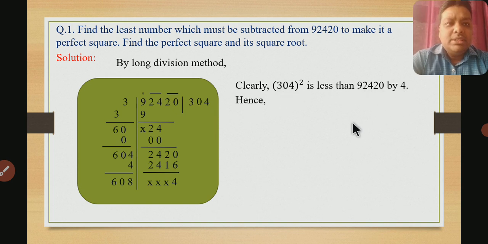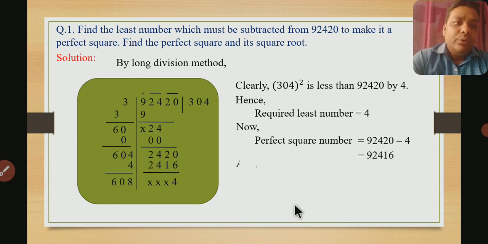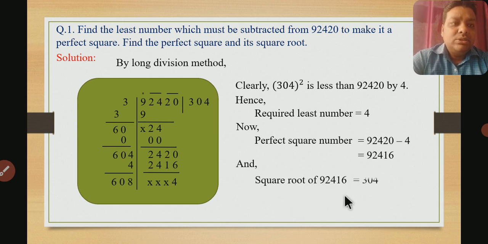So now we can say that the required least number will be 4. And we have to find the perfect square and its square root. The perfect square number will be 92420 minus 4, which is 92416, and that is the perfect square of 304. So we can say that the square root of 92416 is 304.